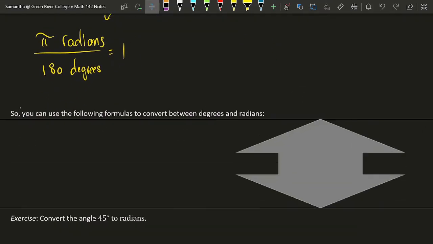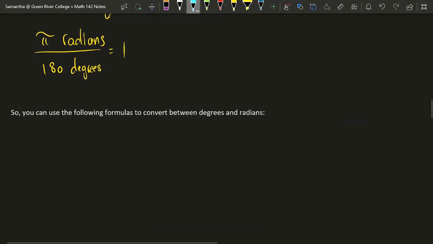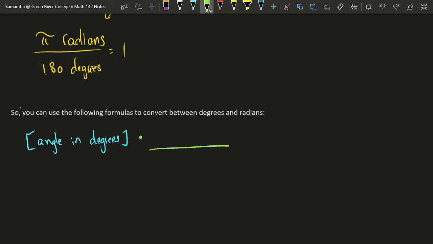So suppose that I had an angle in degrees and I wanted to change it into an angle in radians without actually altering the value and changing the amount of the angle. Then I can do that by multiplying by 1, but by multiplying by 1 in such a format, 180 degrees with pi radians on the top.